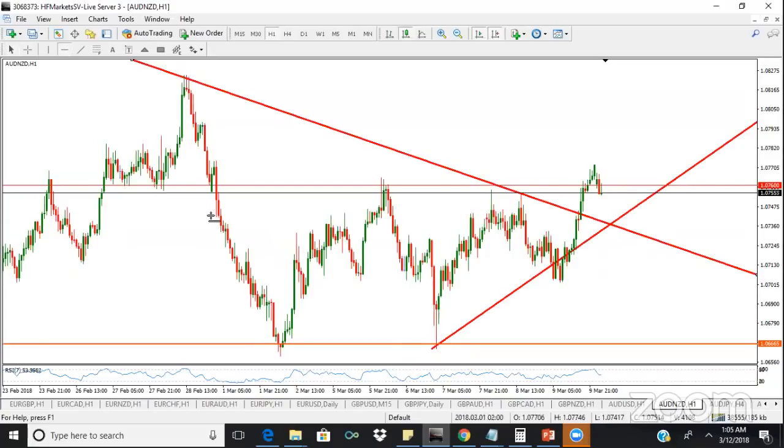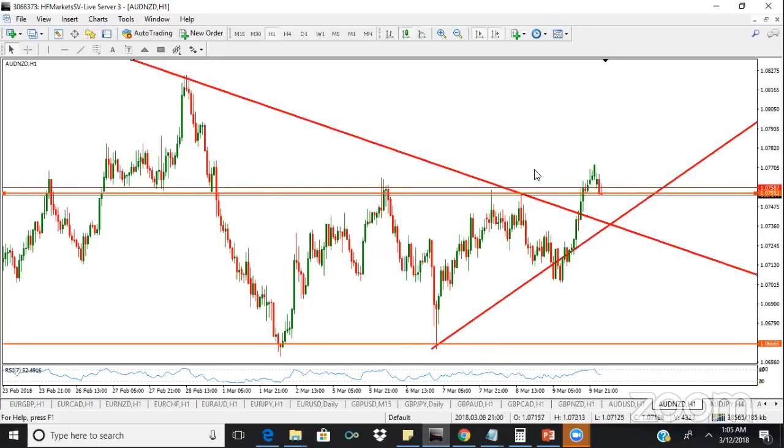But rather still, let it come in here. When it comes in here, you enter your buy here. No, that line is not drawn well.